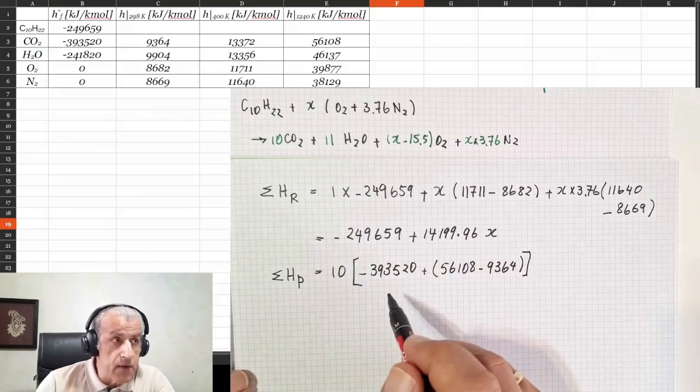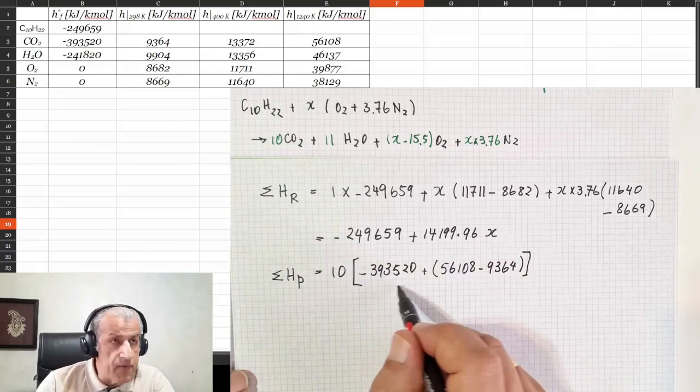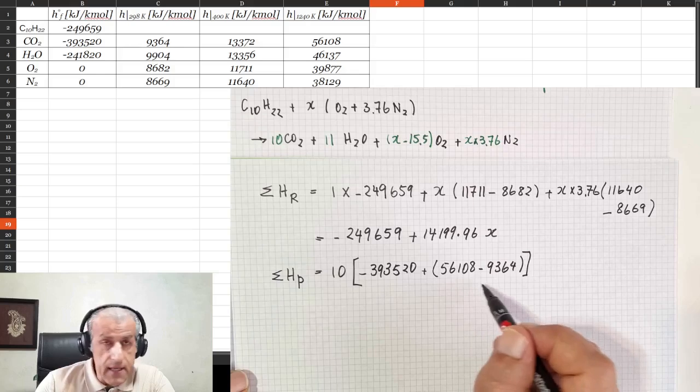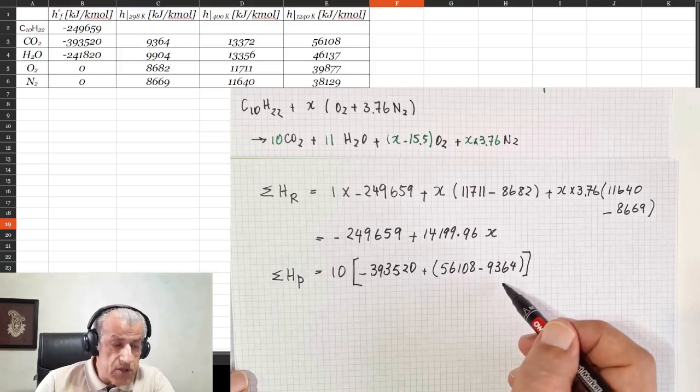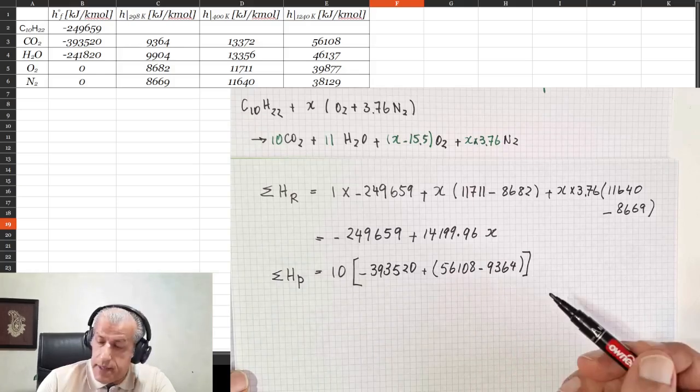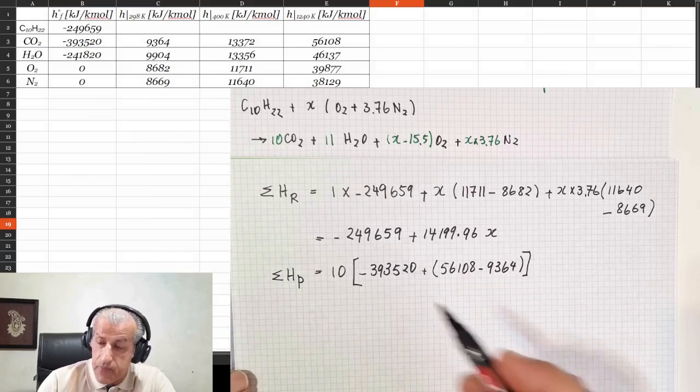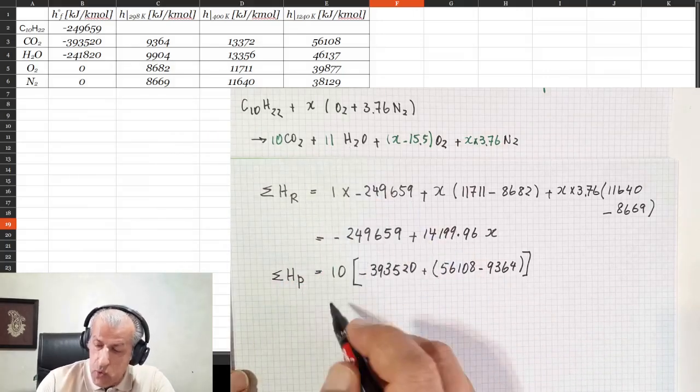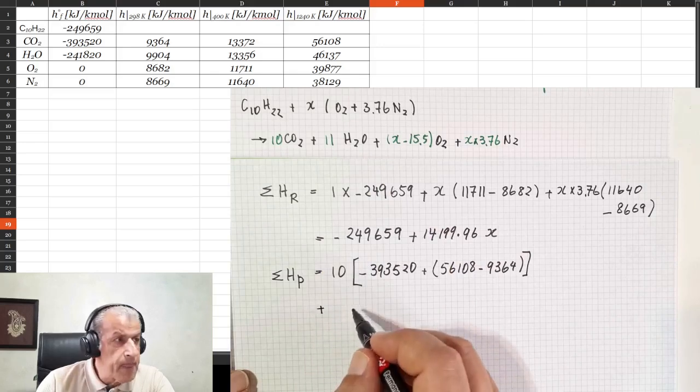and that is the enthalpy for our CO2. That consists of two elements. One is the enthalpy of formation, and the other is the enthalpy due to its temperature. Now, next is H2O, therefore it is plus.